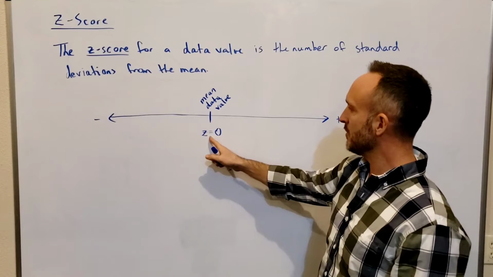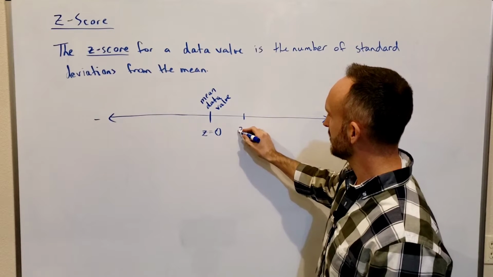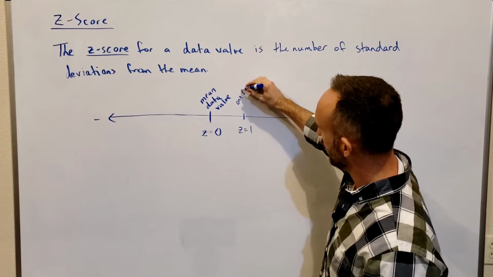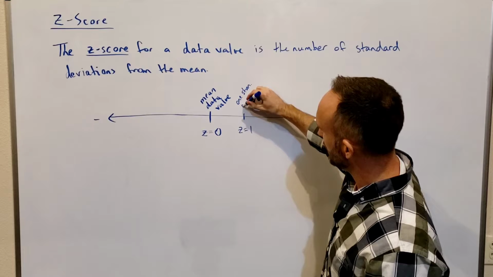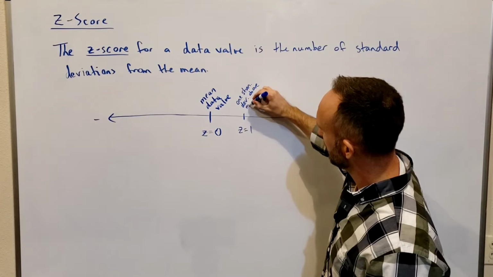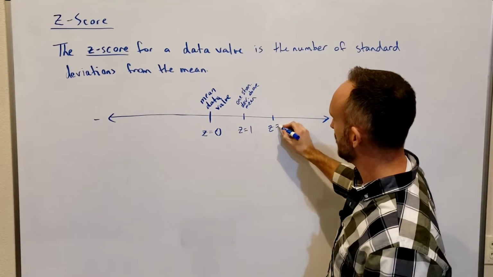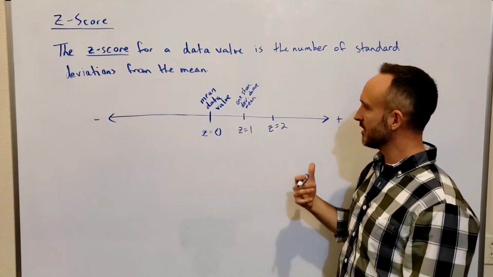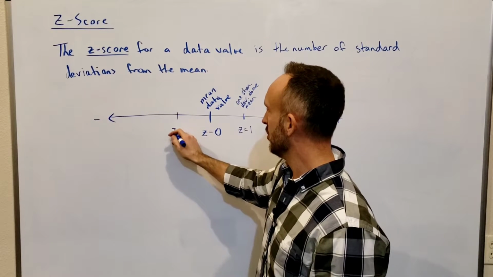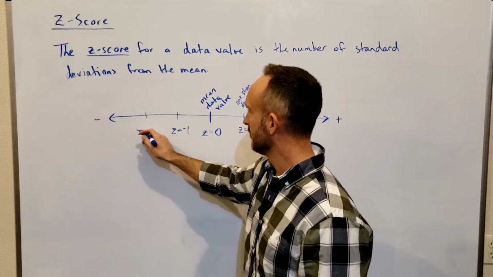Any data value that is 1 standard deviation above the mean has a z-score of 1. At z equals 2, you would be 2 standard deviations above the mean, etc. And over here, 1 standard deviation below would have a z-score of -1, and so on.